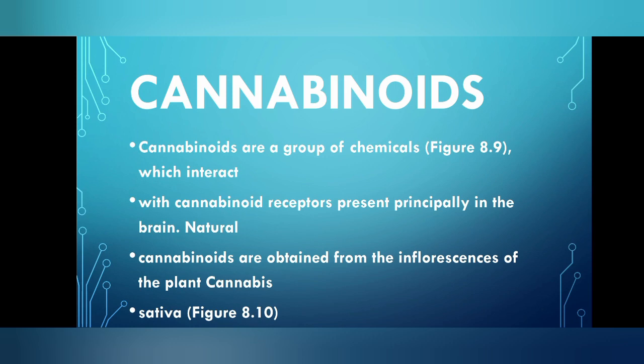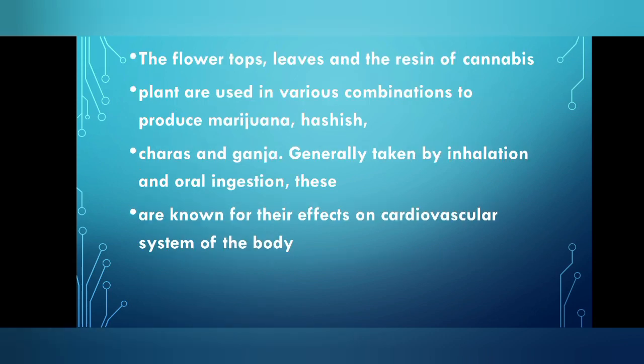Natural cannabinoids are obtained from inflorescences of the plant Cannabis sativa. The flower tops, leaves, and the resin of cannabis plants are used in various combinations to produce marijuana, hashish, charas, and ganja, generally taken by inhalation and oral ingestion. These are known for their effect on the cardiovascular system of the body.